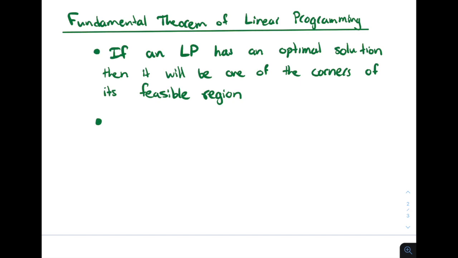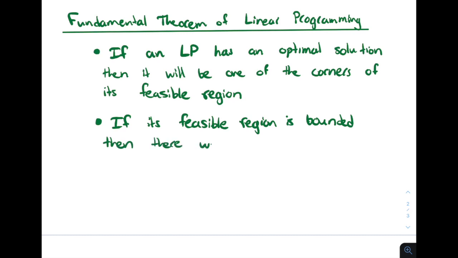The second thing it tells us is that if its associated feasible region is bounded, then there will always exist an optimal solution. These 2 properties will give us a way to solve linear programming problems.